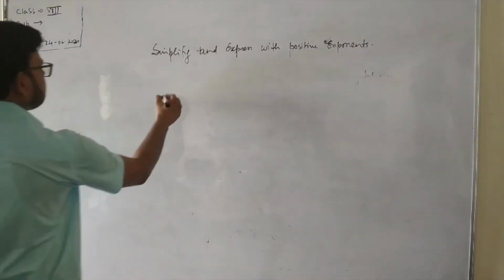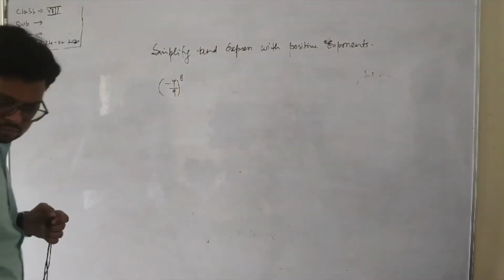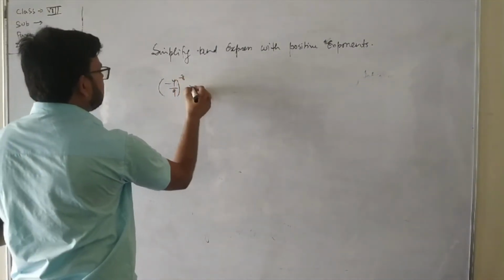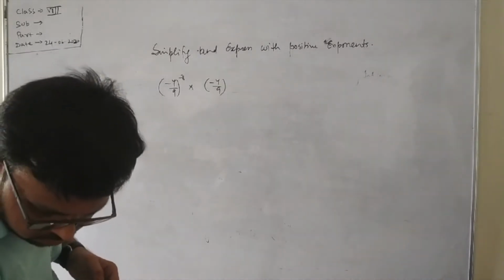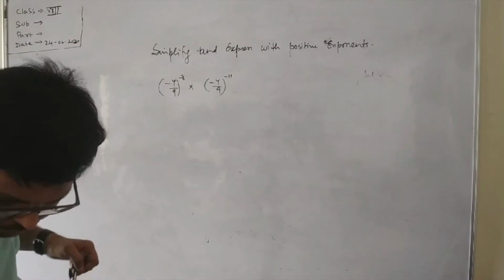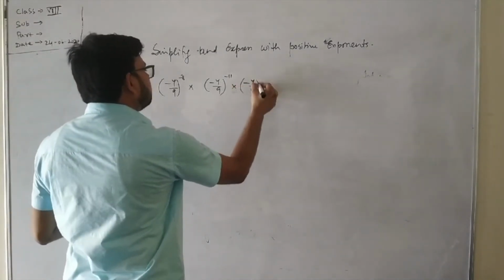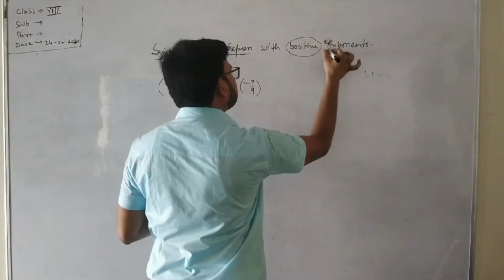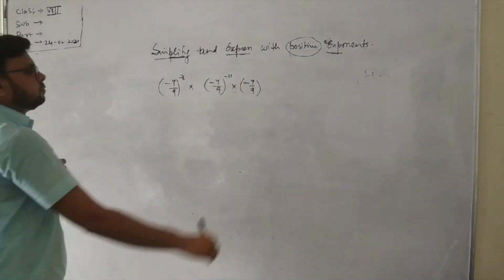Minus 7 by 9 to the power minus 8, multiply minus 7 by 9 to the power minus 11, multiply 7 by 9. You have to simplify it and express with a positive exponent. Exponent should be positive, it means power should be positive.